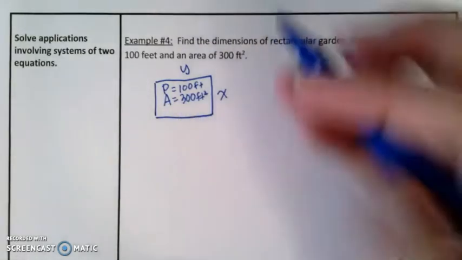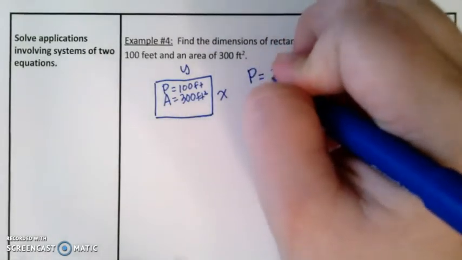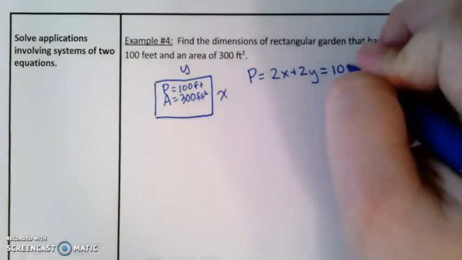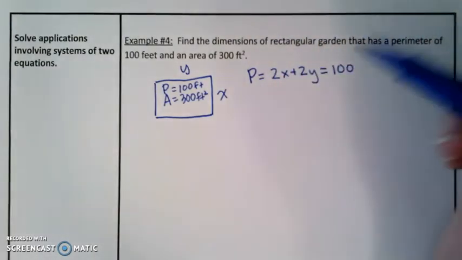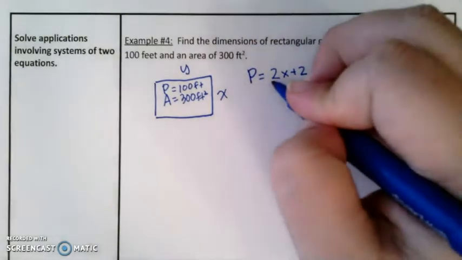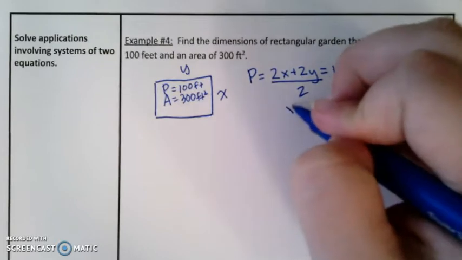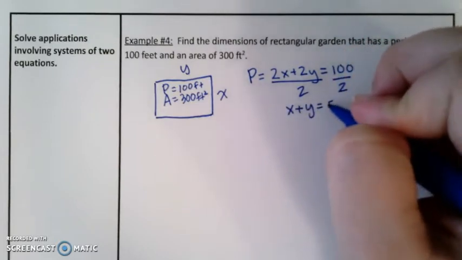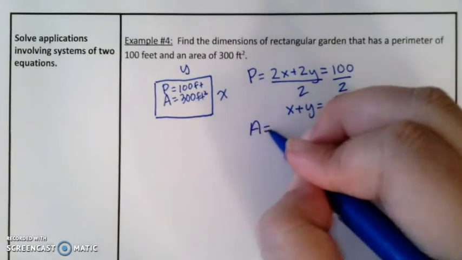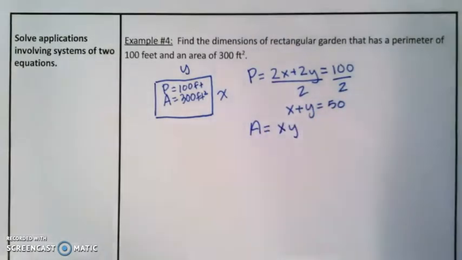So the perimeter, remember, is 2x plus 2y. And we know that that equals 100. So I could actually simplify this. 2x plus 2y equals 100. So dividing by 2, x plus y equals 50. And we also know that the area is length times width, so xy, okay?